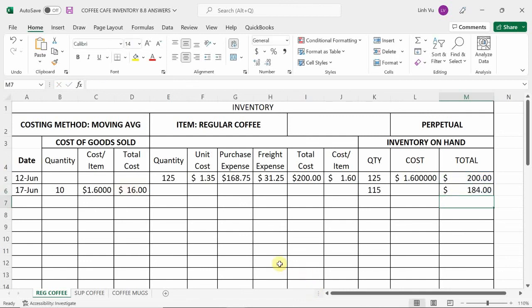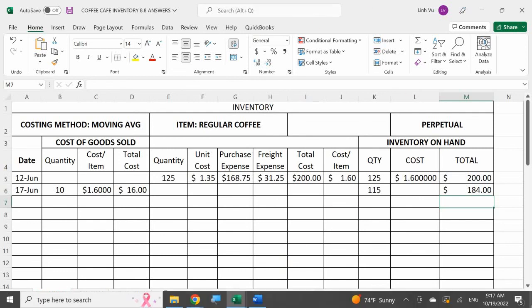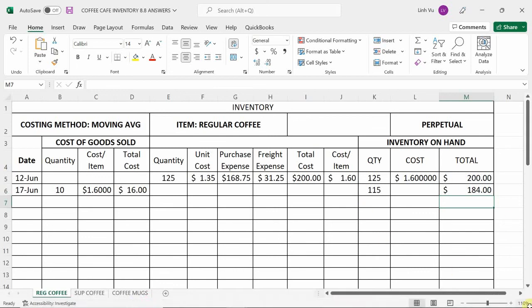So now I have my total cost. I need to divide my total cost by my quantity. This is average costing. So if I take 184 and divide it by 115, what is my average cost per item right now? $1.60. It's still $1.60 right now, so good.